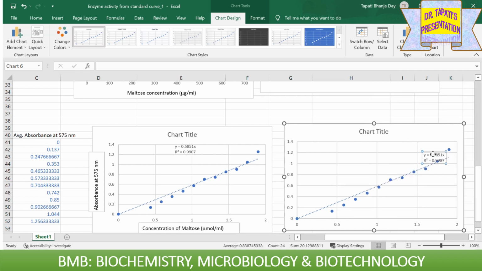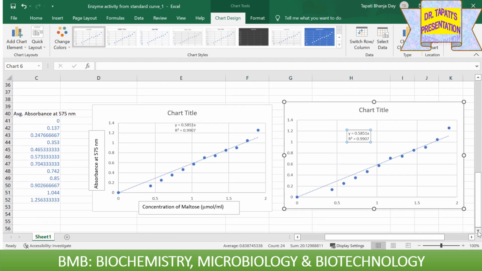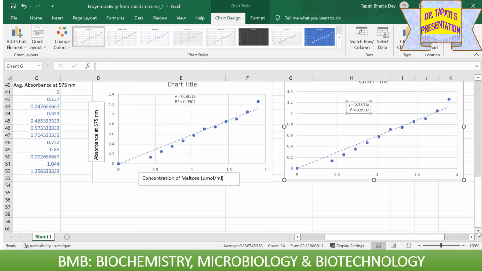The R square value is very high, that is 0.9907. So we can say this plot is an appropriate straight line.